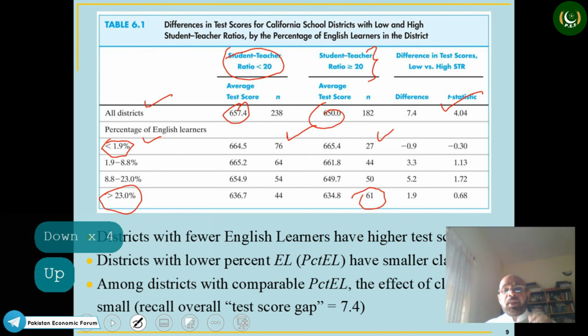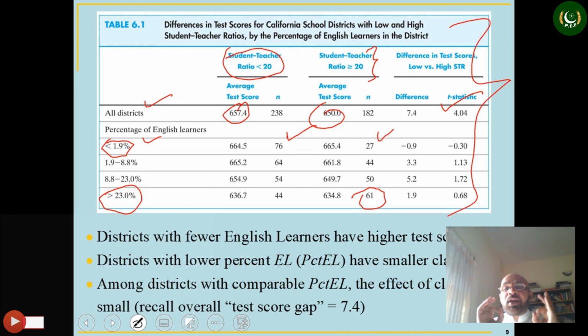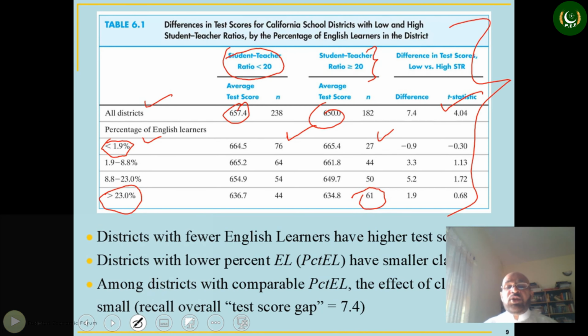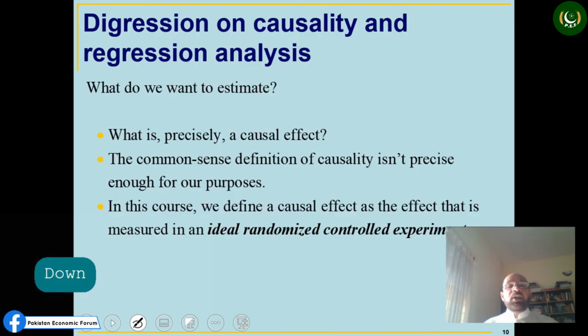One more point here. You see, we have summarized this data, and this is a nice way to present summary and to get insight. But if you have a couple more variables, then this table will become a mess. Therefore, regression analysis, the econometric model, is the best way to summarize your data. That is the first objective of doing regression modeling.